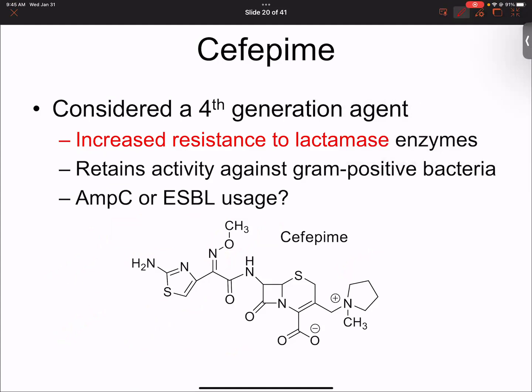Why might cefepime be an acceptable option for an AmpC infection, an AmpC producer? Is this drug not getting hydrolyzed at all by beta-lactamases, by the AmpC gene product? Is there something about the structure here that decreases its affinity for the AmpC active site?